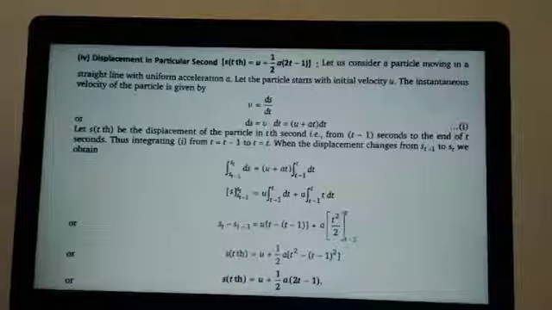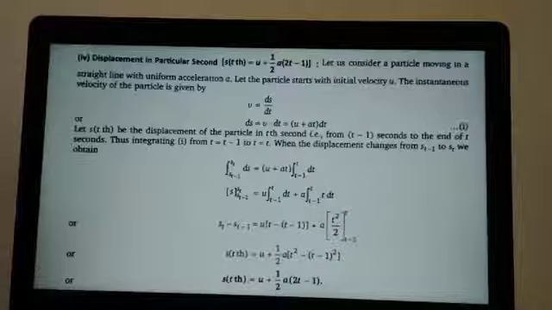So s(tth) will be u plus half a into 2t minus 1.